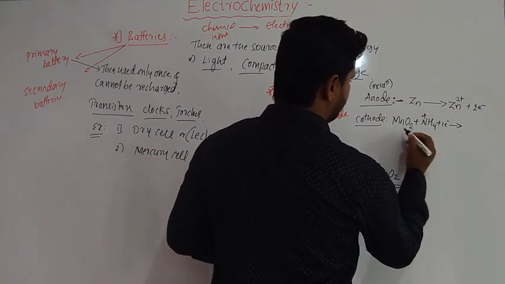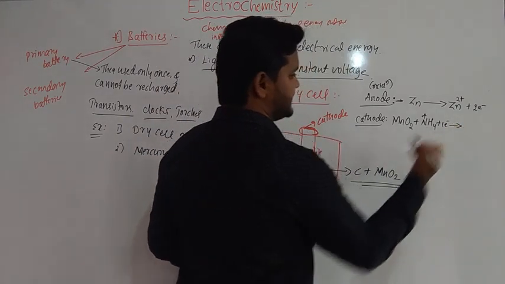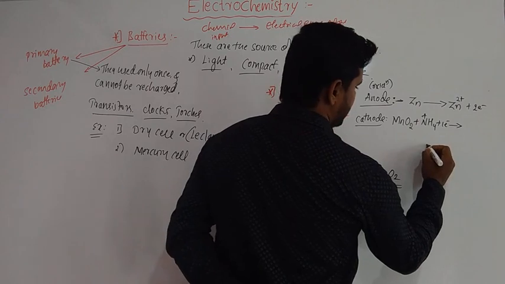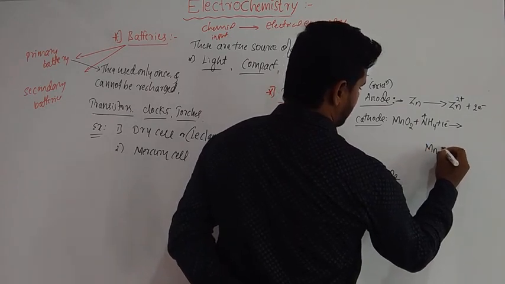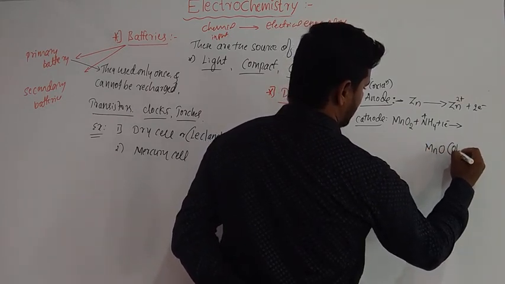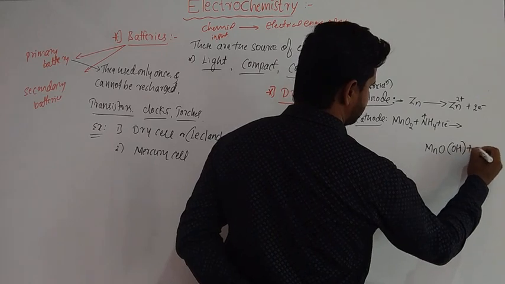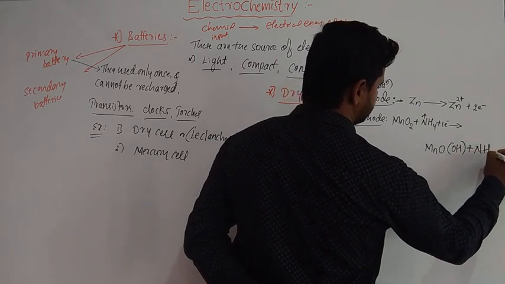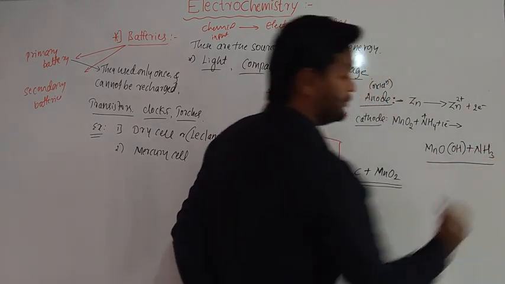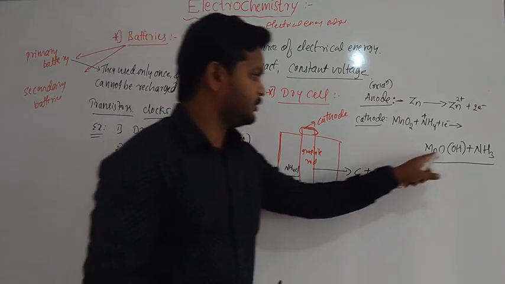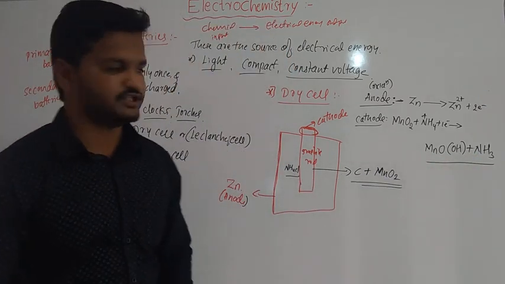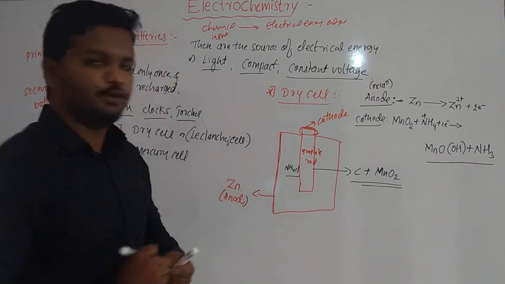I will write here MnO2 plus NH4+ and it gains 1 electron and becomes MnOOH plus NH3. This is the cathode product.